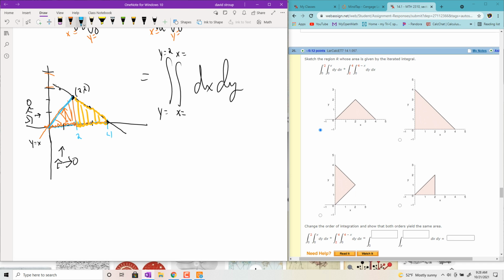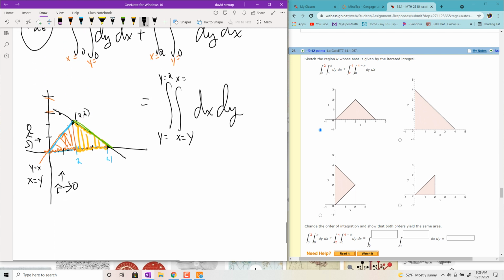And then the upper curve, let's put that in green, is then this curve. Okay, so x equals this blue curve, which the way we've written it right now is y equals x. So x equals y, the bottom curve is y. And then we go to the green curve, which I'm going to have to solve for, right? So originally it was 4 minus x.